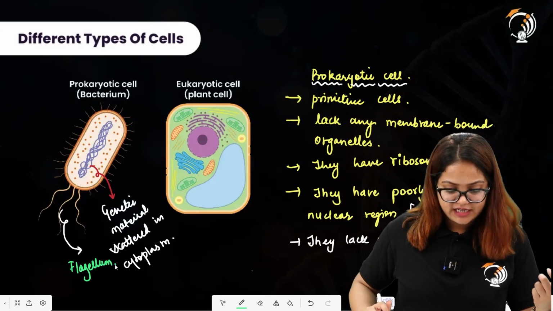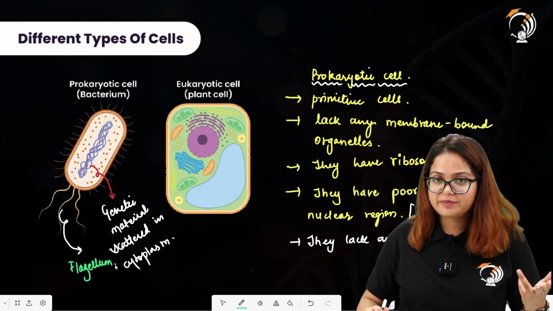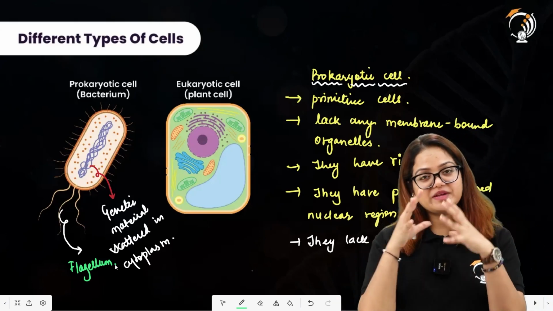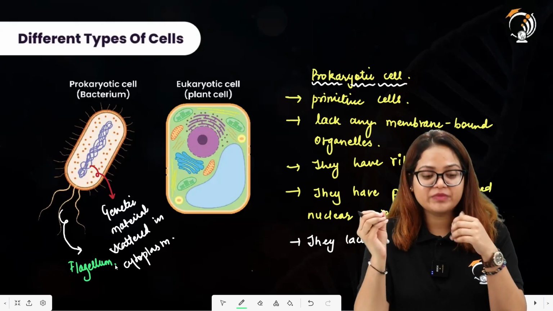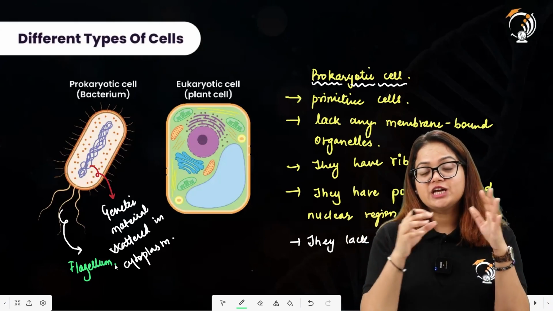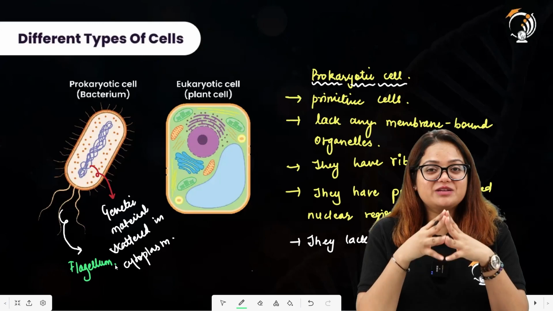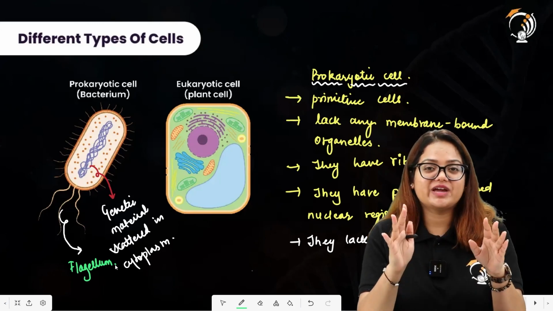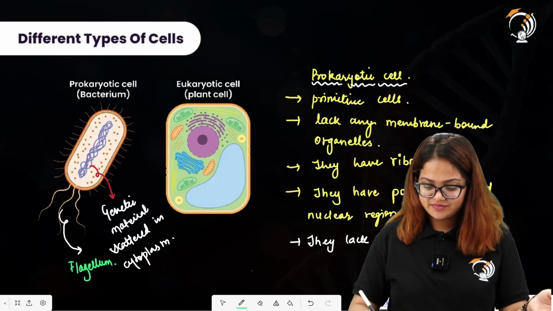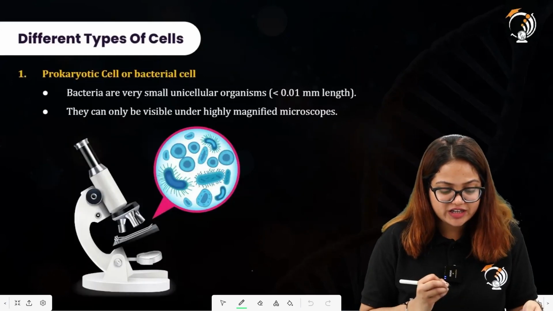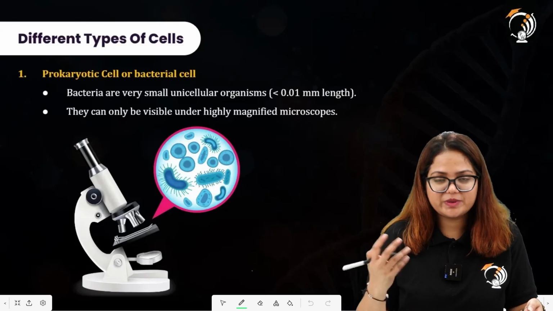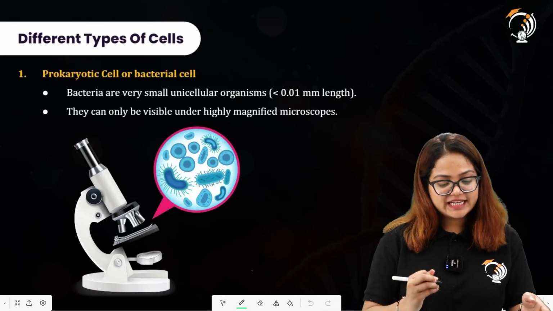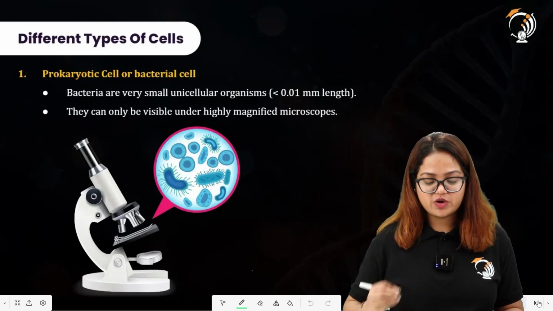In comparison, we have the plant cell, that is the eukaryotic cell. Most of the cell organelles are present in eukaryotic cells, but the prokaryotic cell does not have any membrane bound cell organelles. They do have ribosomes, and ribosomes do not have any membranes. Now since we have considered that the bacterial cell is an example of a prokaryotic cell, bacteria are very small unicellular organisms.